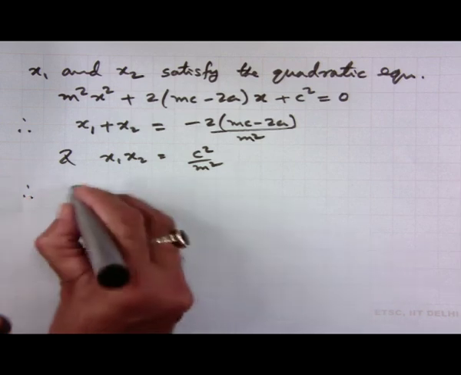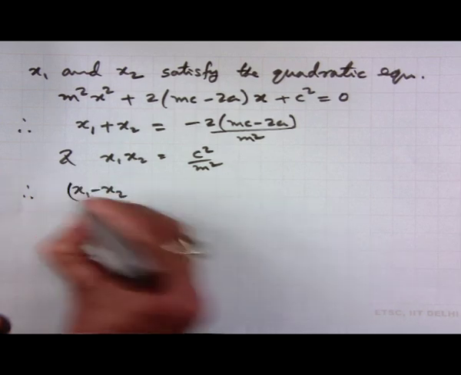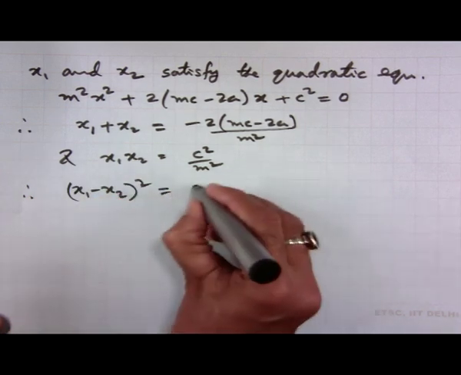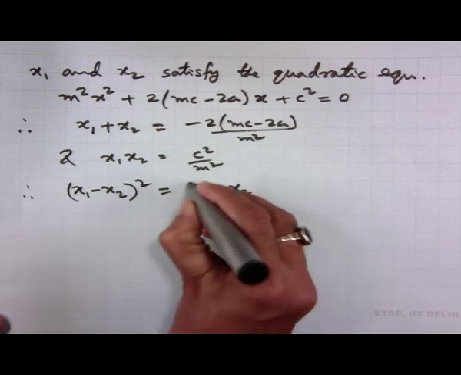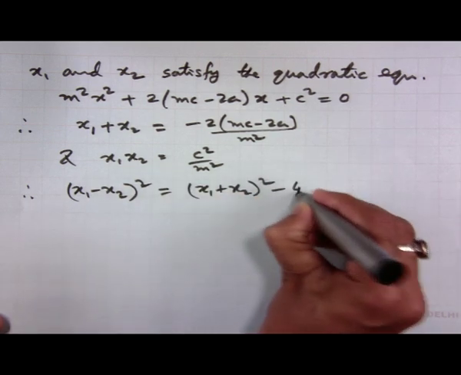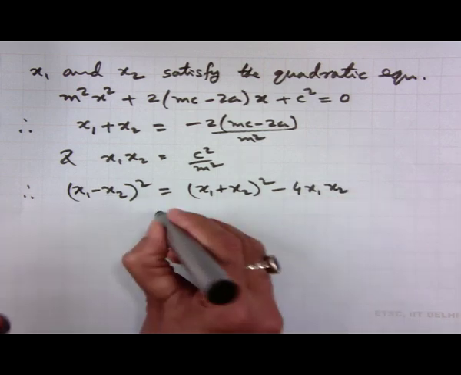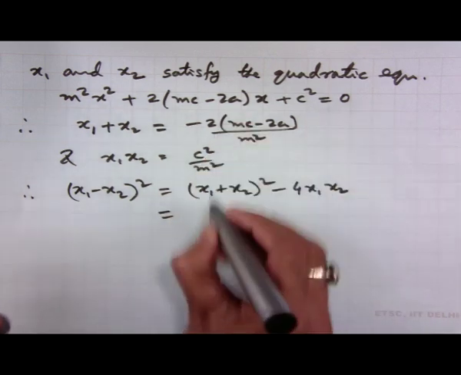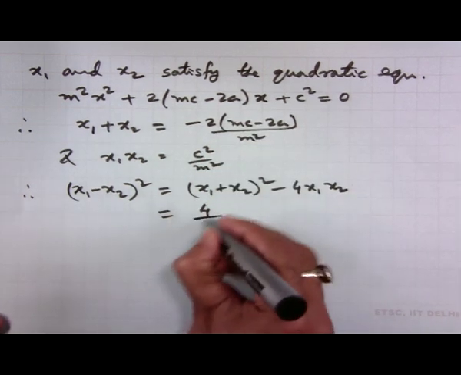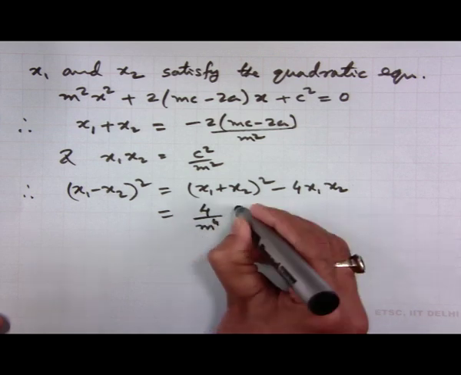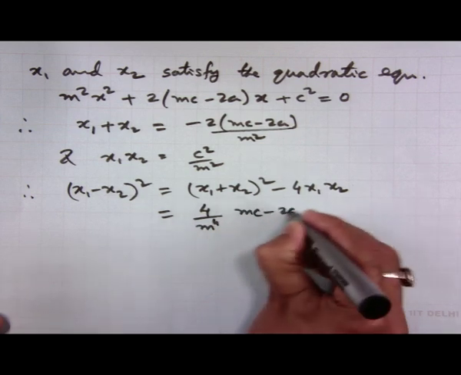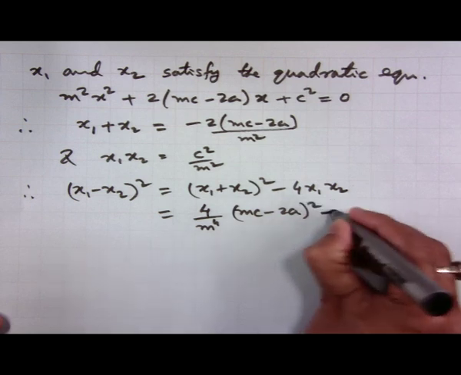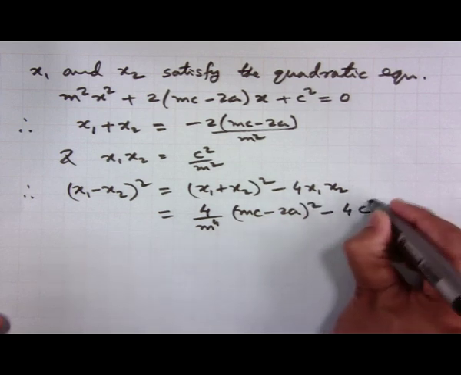Therefore, (x 1 minus x 2) square will be (x 1 plus x 2) whole square minus 4 x 1 x 2, which is equal to 4 by m to the 4 times (m c minus 2 a) whole square minus 4 times x 1 x 2, which is c square by m square.